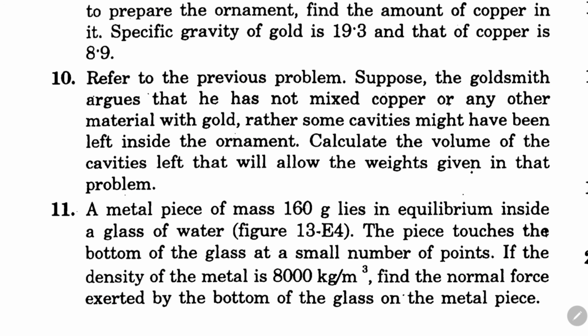In the 10th question we need to refer to the 9th question. Suppose the goldsmith argues that he has not mixed copper or any other material with gold, rather some cavities might have been left inside the ornament. So calculate the volume of the cavities left that will allow the weights given in the problem. So now we need to consider that instead of copper or any other impurity there is some cavity remaining, that is, the gold ornament is hollow in some places.